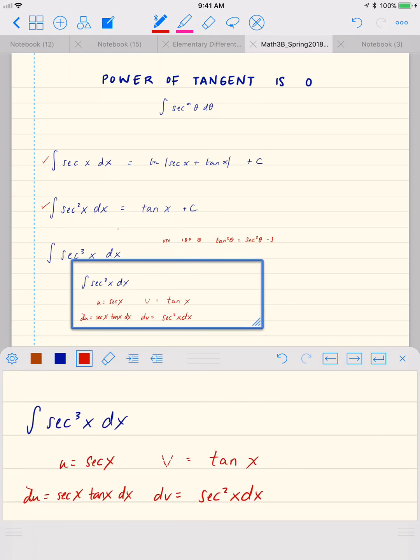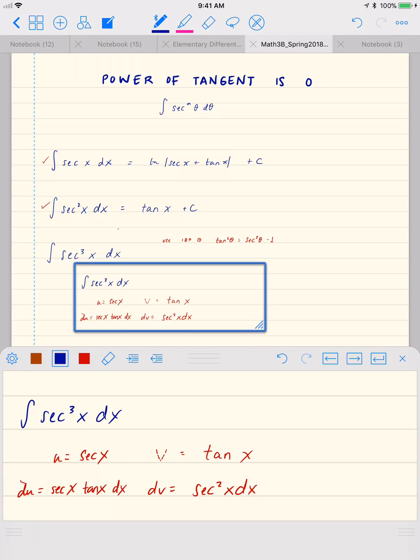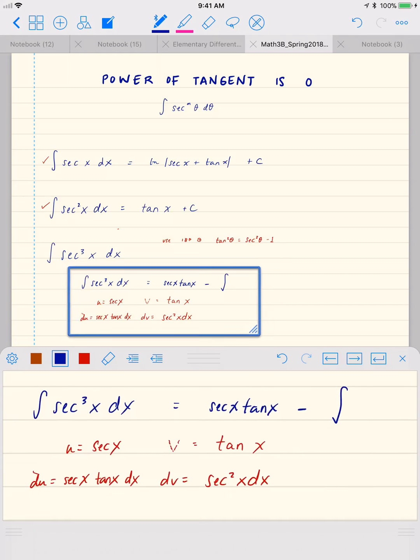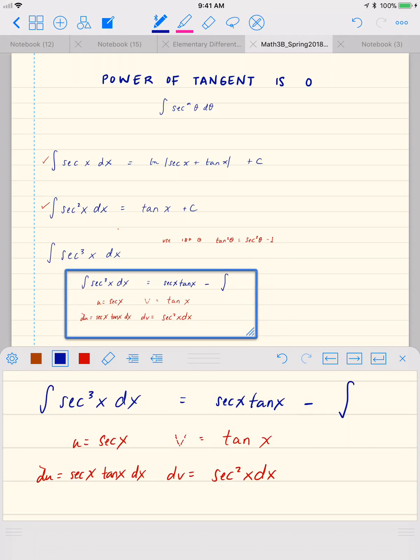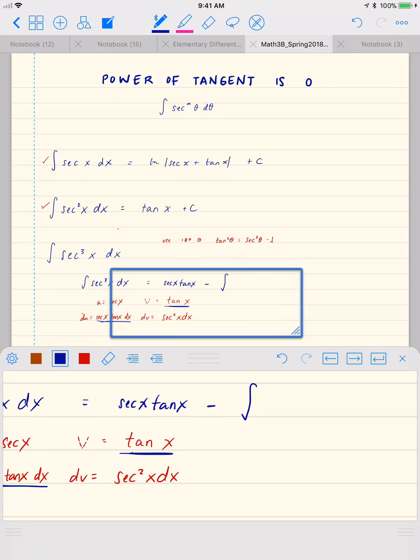Integration by parts tells us that the integral of secant cubed of x dx is the same as secant x tan x minus the integral of v du, so it'll be tan times secant tan dx.